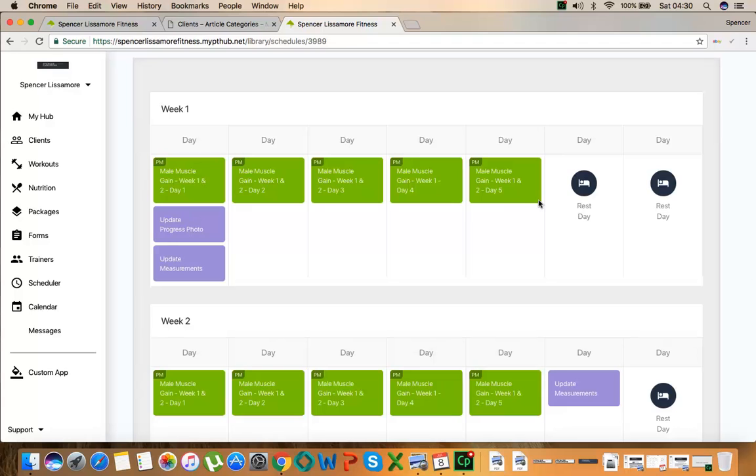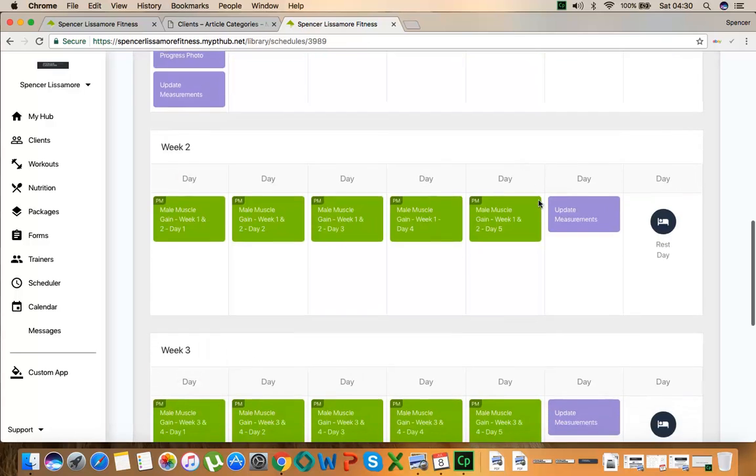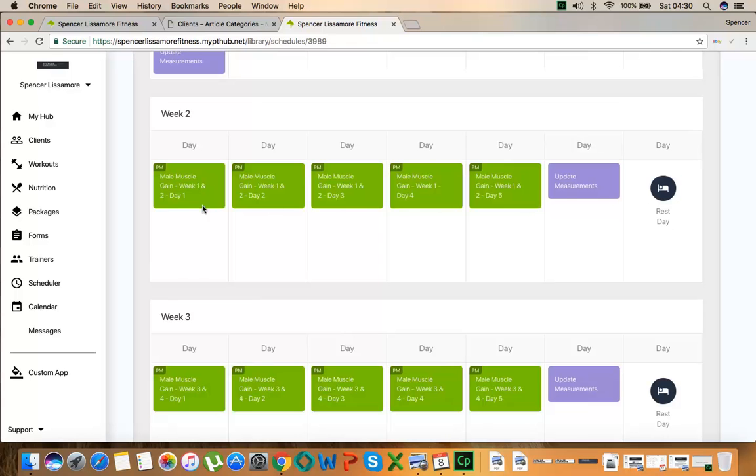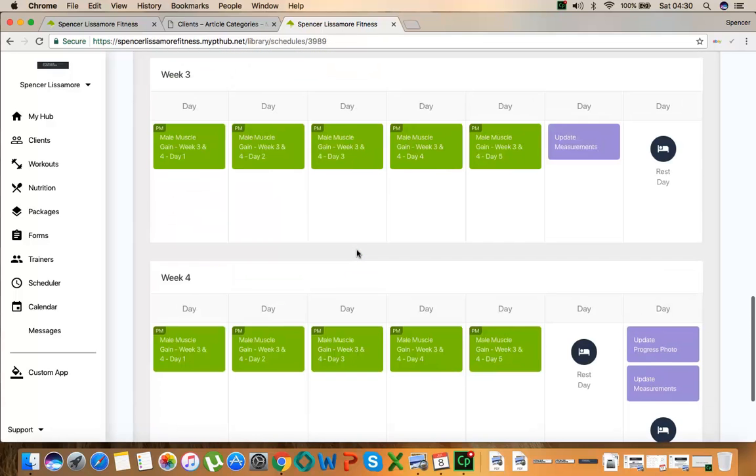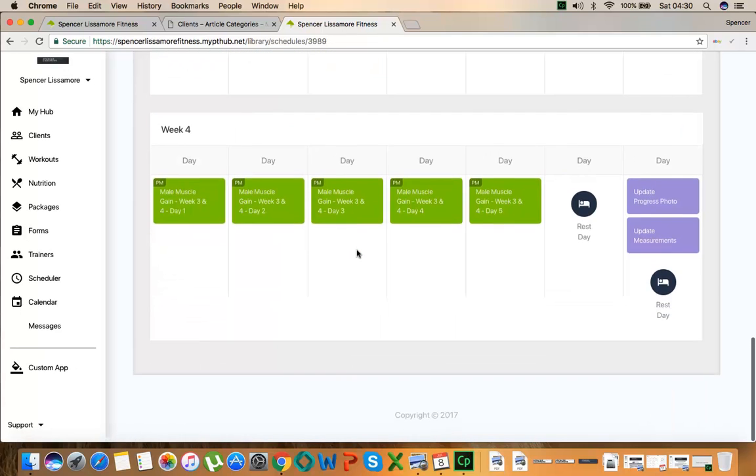So once again, as you can see, we're checking with the update progress photo, measurements, training all week, weekend off. We then, week 2, following that muscle gain workout, update measurements on the Saturday with Sunday off. And week 3 as shown, and week 4.